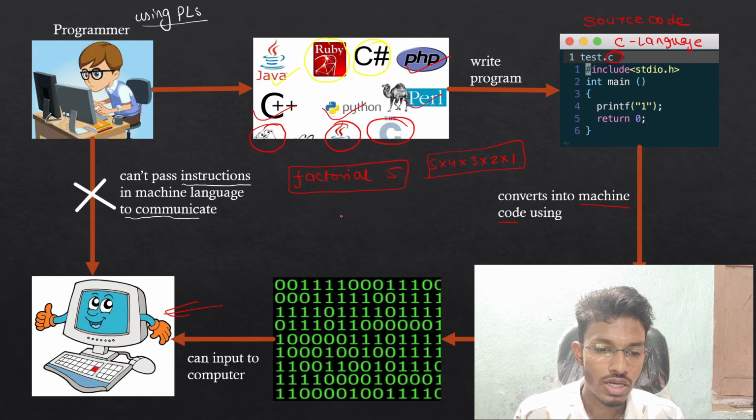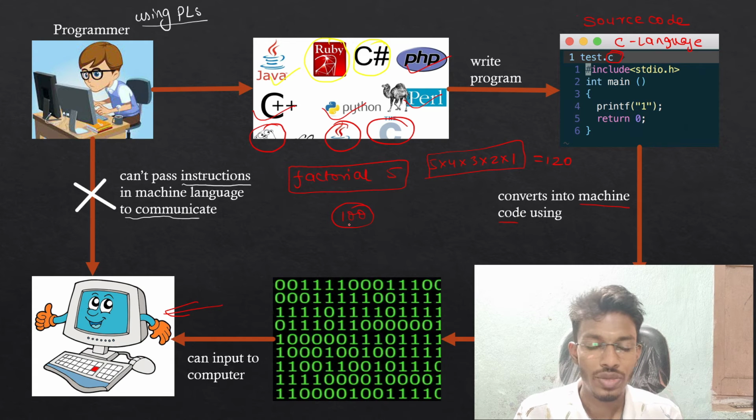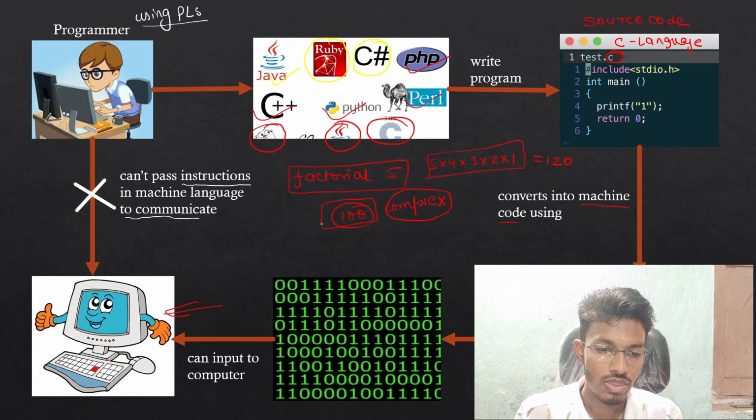If you want to calculate the factorial of 100, how can we calculate it? It's a big task, a complex task. But if we pass instructions to the computer to find the factorial, we can get the answer easily.